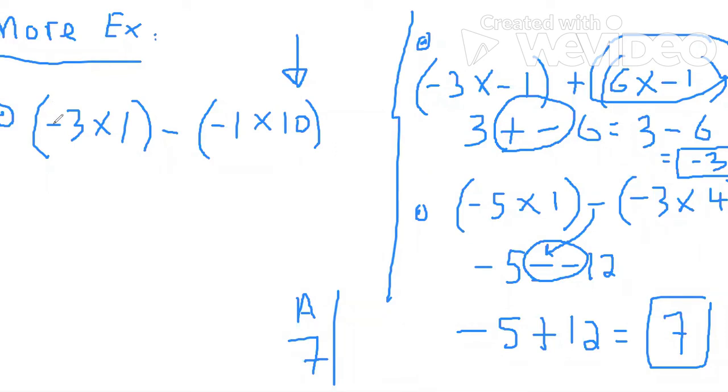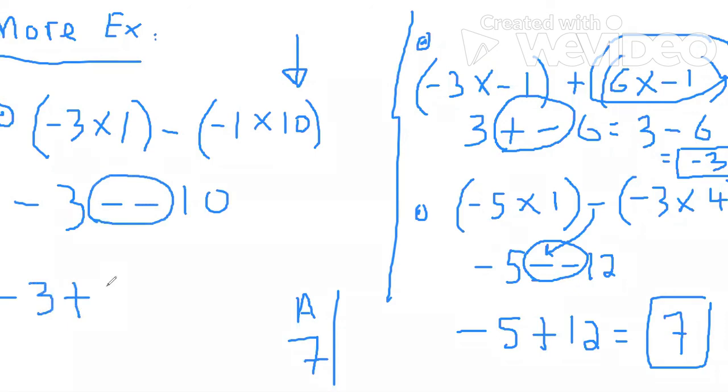All right, so negative and a positive gives you a negative. 3 ones is 3, right by the negative sign. Negative and positive gives you a negative. 1 times 10 is 10. When you work out this, 2 negatives give a positive.